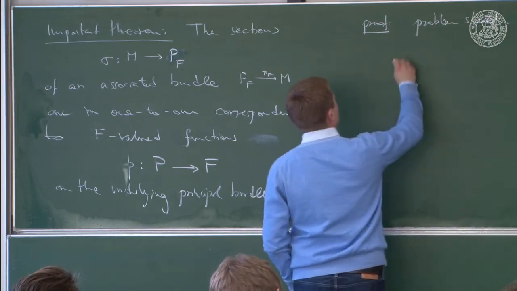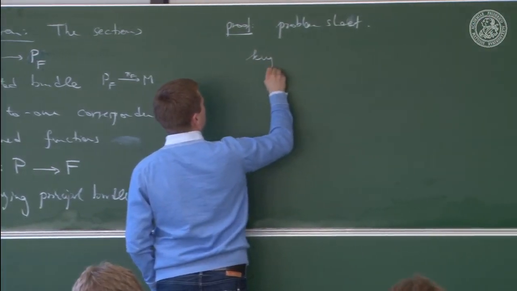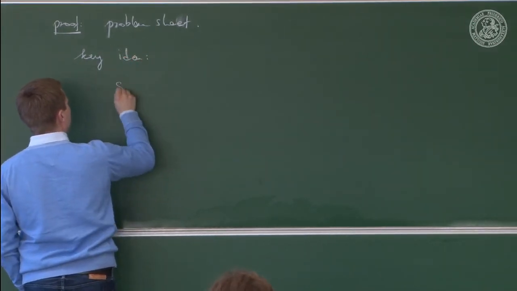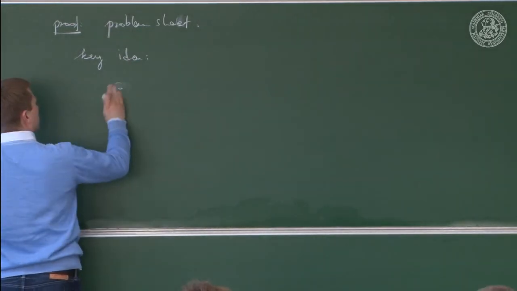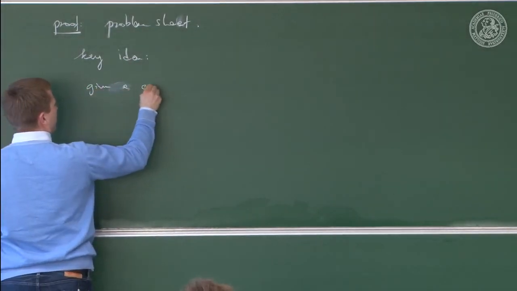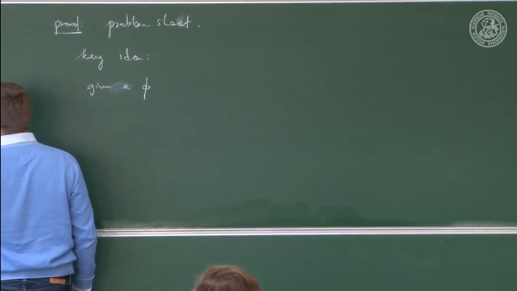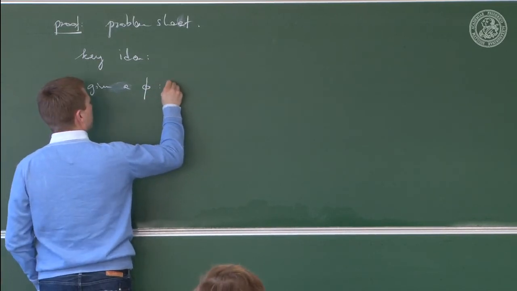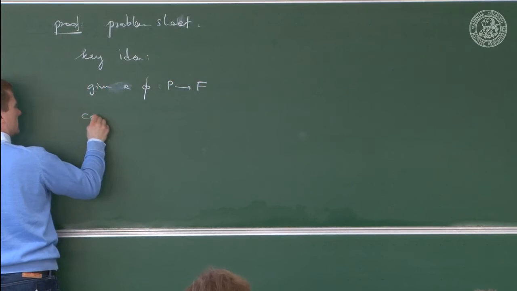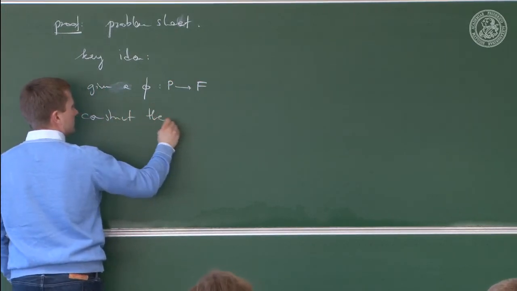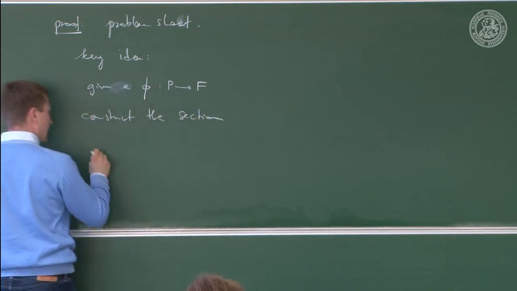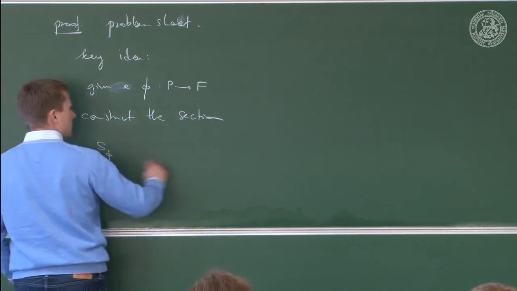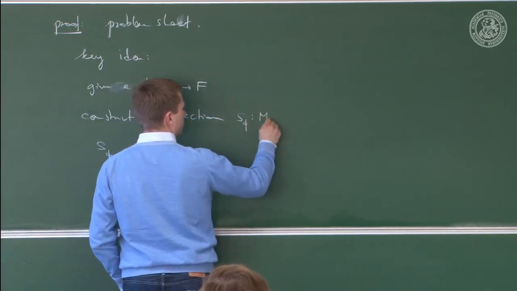The key idea is the following. If you want to show this is one-to-one, you construct, given the phi from P to F, the section S sub phi, because it's induced from this phi, a section from M to P_F.